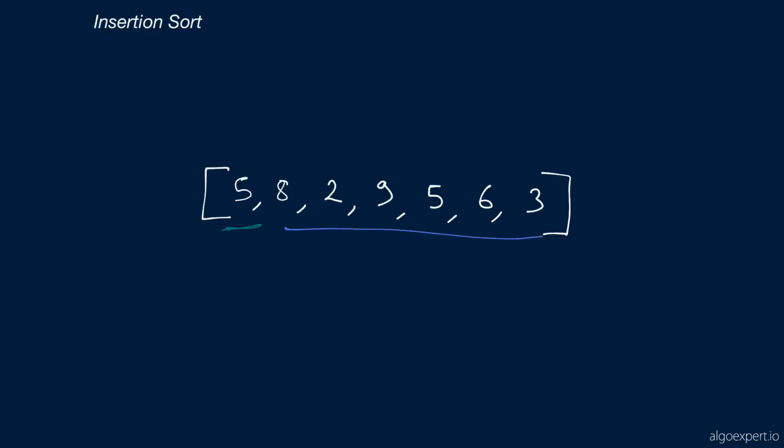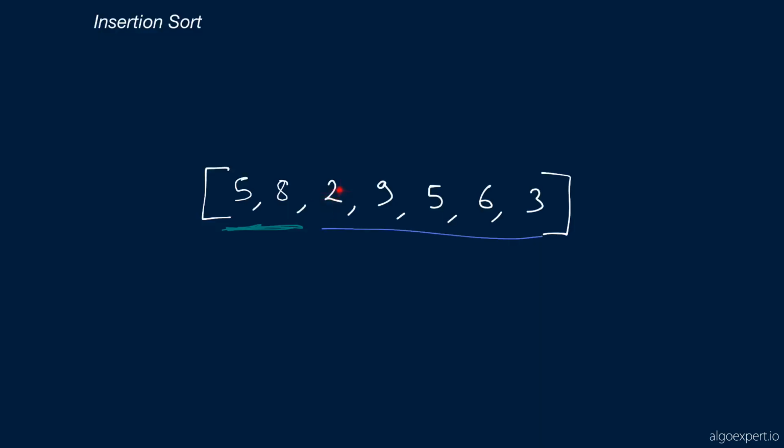And so now we've placed 5 in this tentatively sorted list. So we can erase part of this line here and extend it to show that 5 and 8 together themselves are sorted.